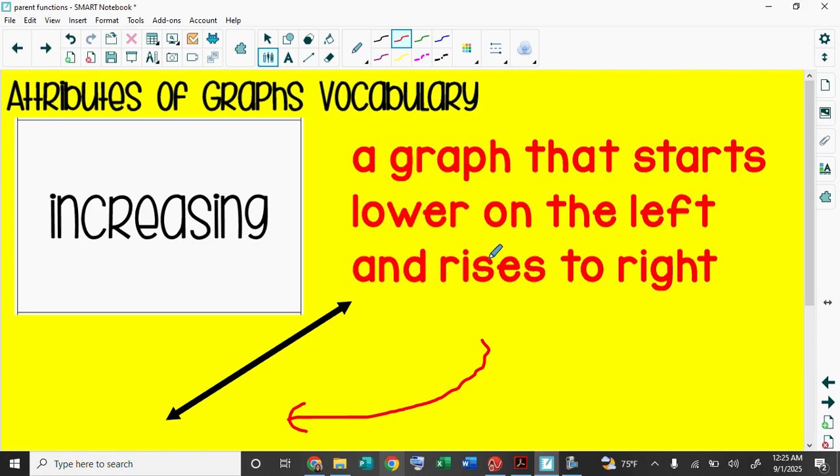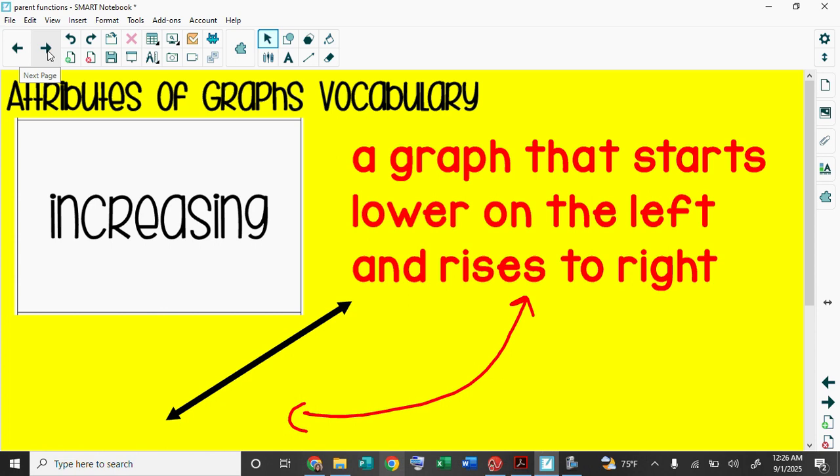Ooh, that was ugly. Let's undo that. Lower on the left and rises to the right. A graph that starts lower on the left and rises to the right. Pause this video and get that done.